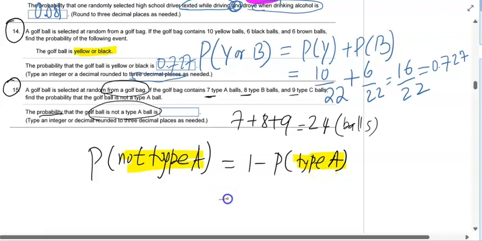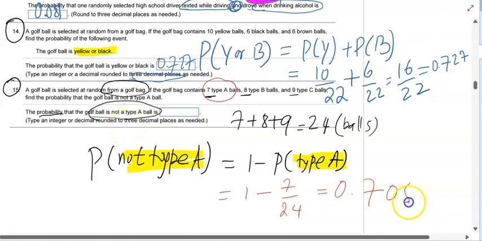And 1 minus what's the probability of type A? How many type A here? 7 type A. 7 divided by 24, out of 24. If we subtract 1 minus 7 divided by 24, round it to 3 decimal places, your answer is going to be 0.708. That's the answer.